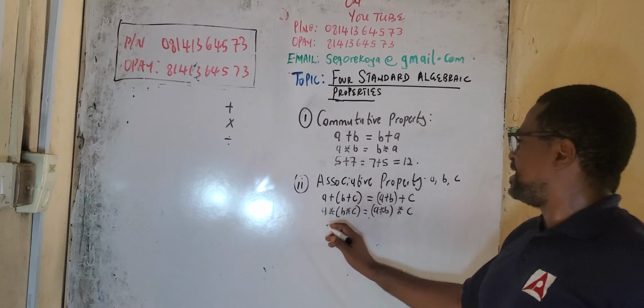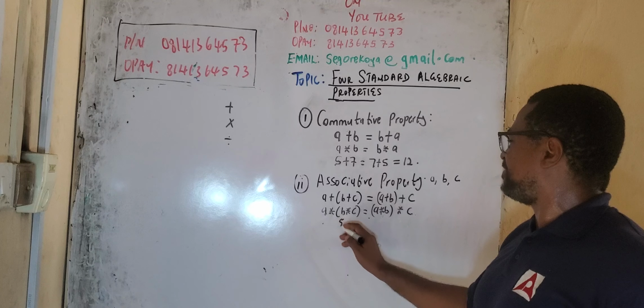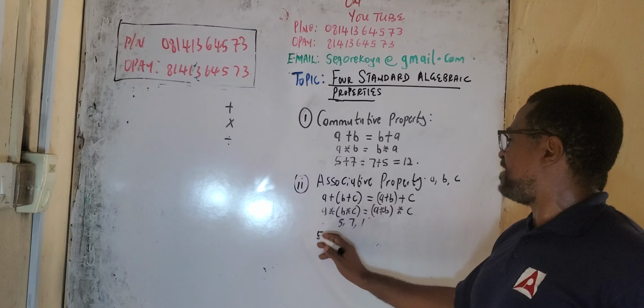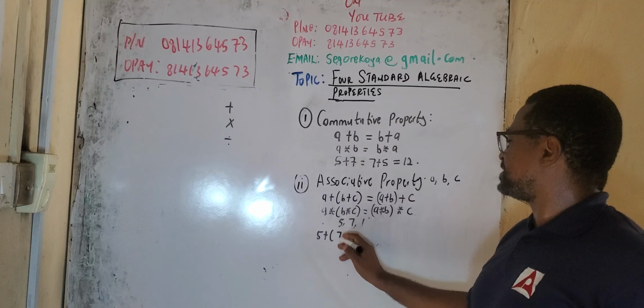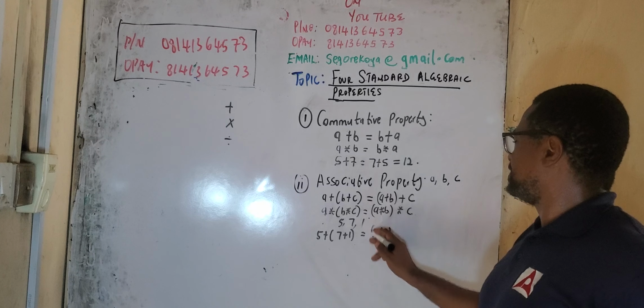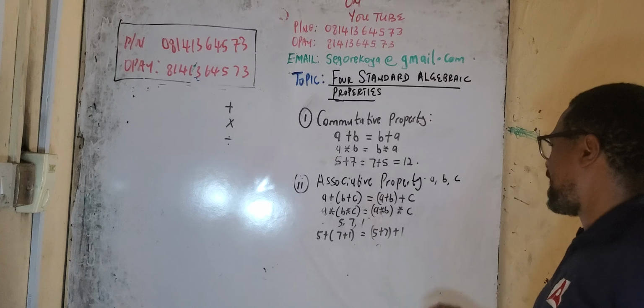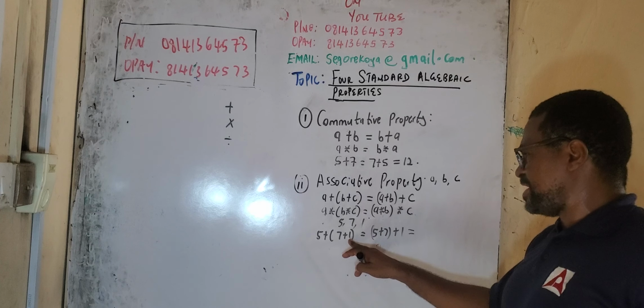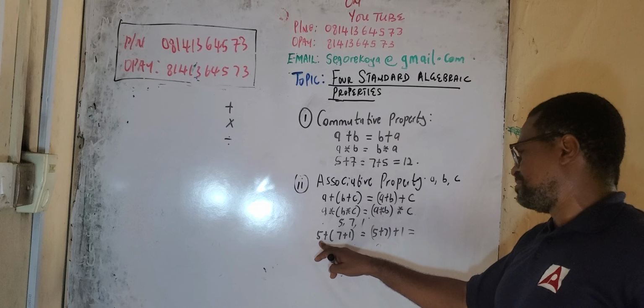For instance, let's say I have these 3 elements 5, 7, and 1. So 5 plus bracket 7 plus 1 is the same thing as 5 plus 7, then plus 1. When we add them together, 7 plus 1 is 8, 8 plus 5 gives us 13.